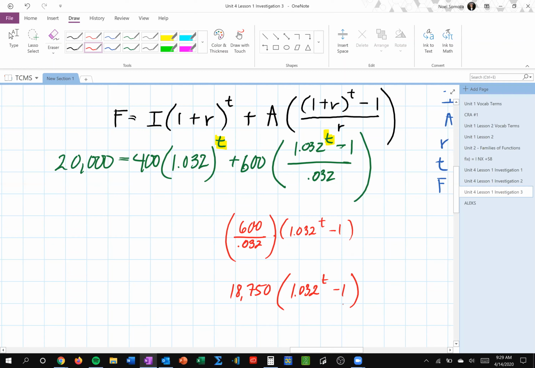And now I'm going to bring down the rest, which is 400 times 1.032 to the t, plus, and then bring down the 20,000. Are you guys with me so far with that manipulation and how we got the 18,750? Okay.